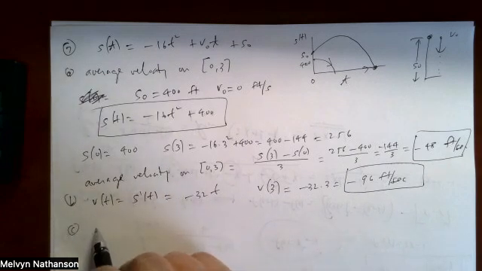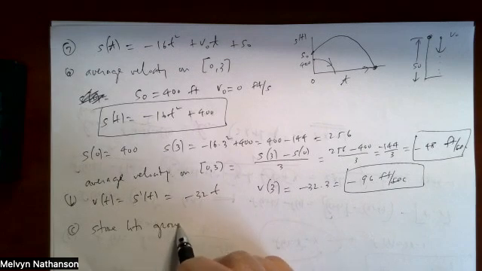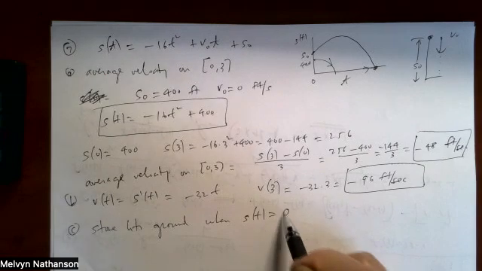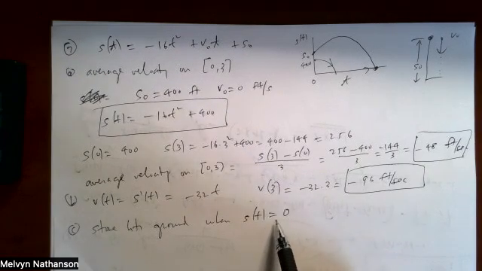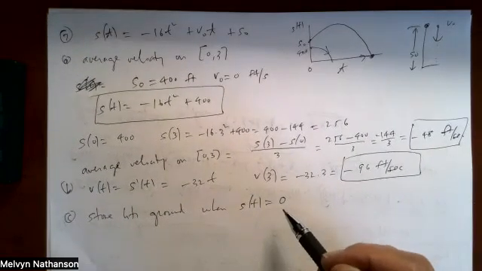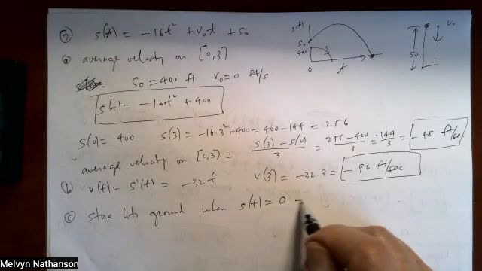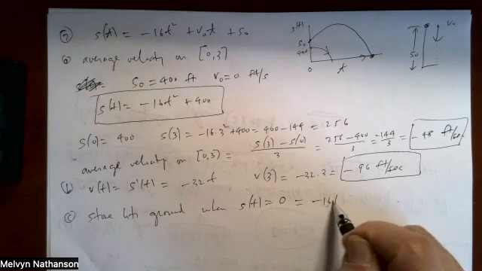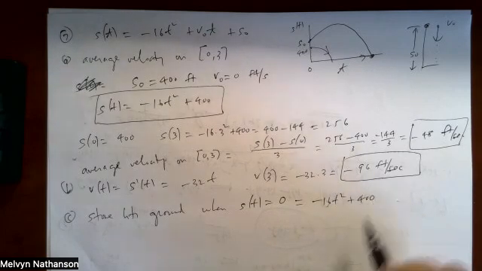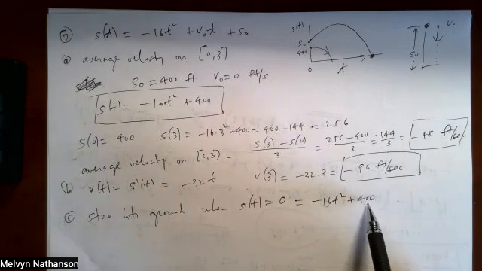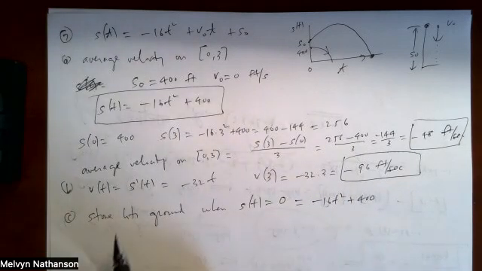When does the stone hit the ground? The stone hits the ground when s of t is equal to 0, when the height above the ground is 0. That means the stone has hit the ground. So we have to solve the equation. s of t is minus 16t squared plus 400. You have to find t where minus 16t squared plus 400 is 0.